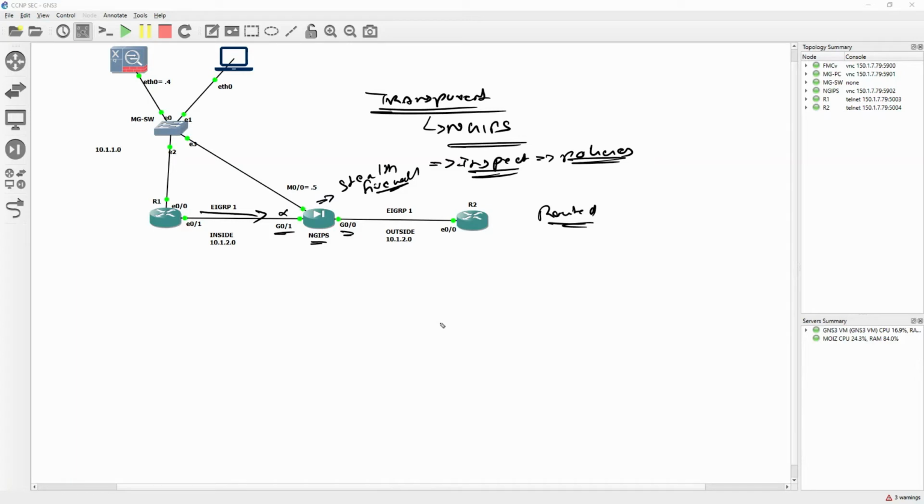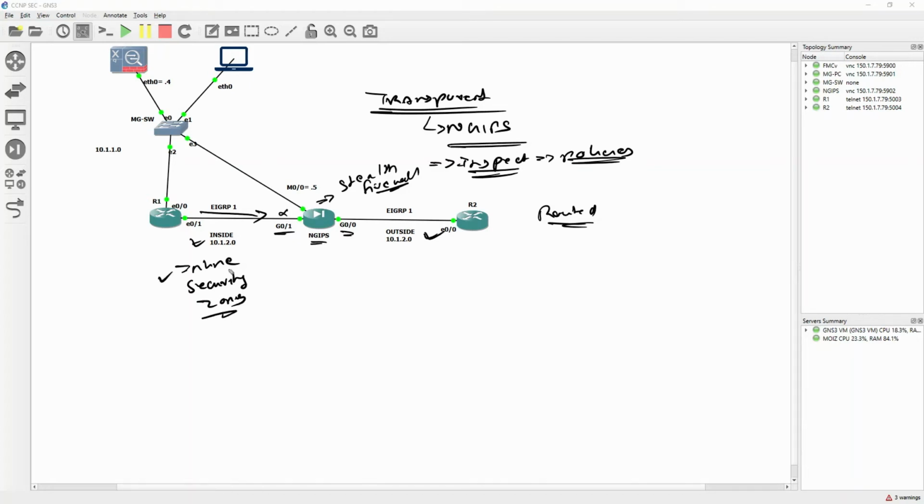Coming to the security zones, here also you will create your inside zone and outside zone, and each interface will be assigned to a security zone. These zones are different from the routed mode zones; they are known as inline security zones.